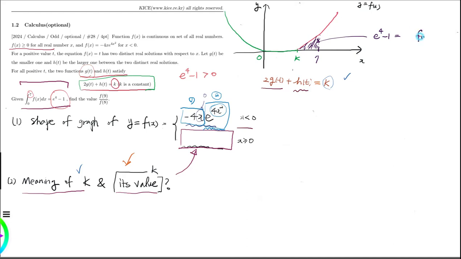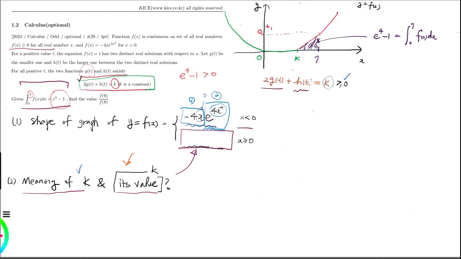The formula is the integration from 0 to 7 of f of x dx. To use the inverse function relationship, let's say the value of f of 7 is t1.